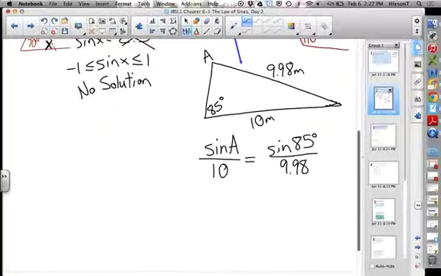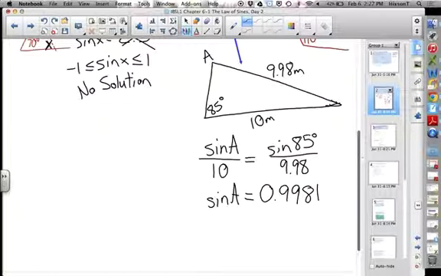Now, as you solve this, you get sine of A equal to 10 times the sine of 85 divided by 9.98, and what do you get? .9981, I think it was, something like that.